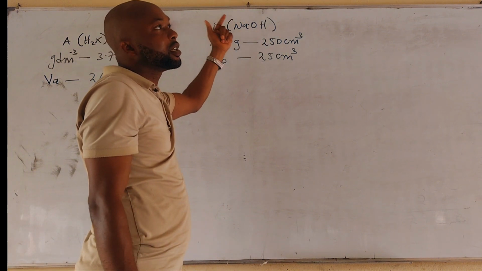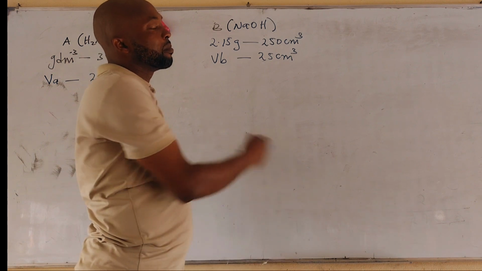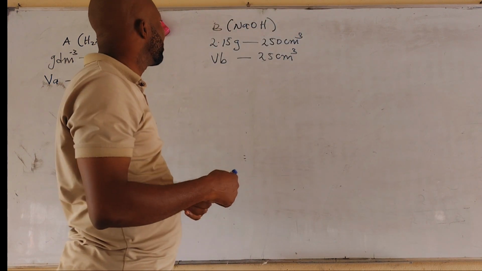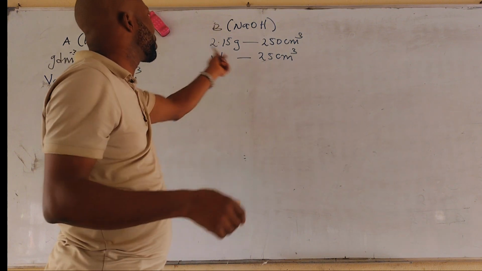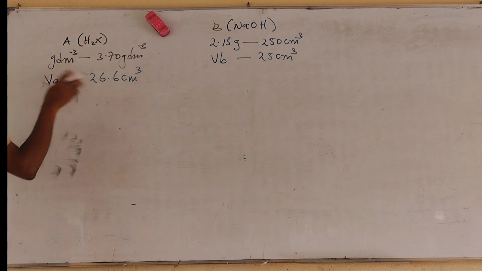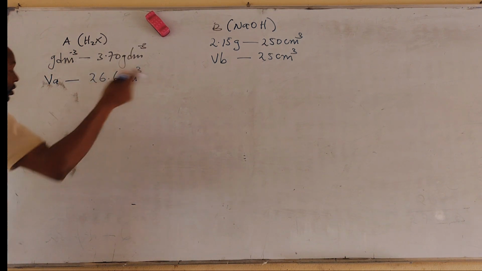Then we apply the other formula, which is mass con over relative molecular mass, and that will serve. So for us to be able to proceed, first we calculate the mass concentration of B. They didn't ask us, but that is the basic thing to be done first.